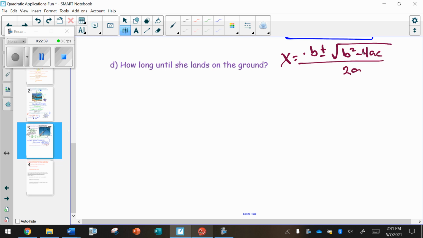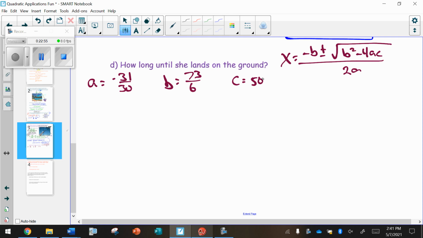We are going to use this monster with our A value of negative 31/30ths, our B value of 73/6, and the C value is 50. I told you this was going to be fun, right?